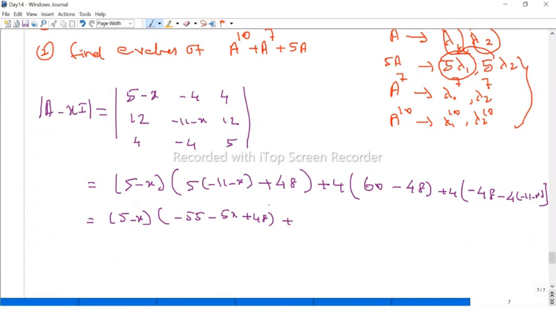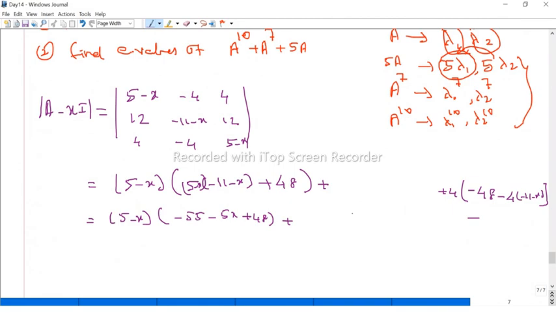Yes, on the diagonals we have minus x. Sorry, thank you. So here we get 5 minus x, and this position also we have to change.